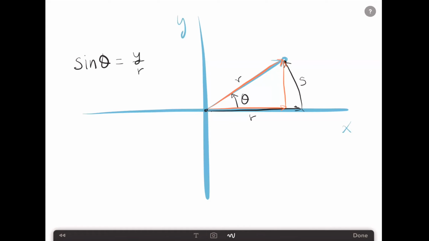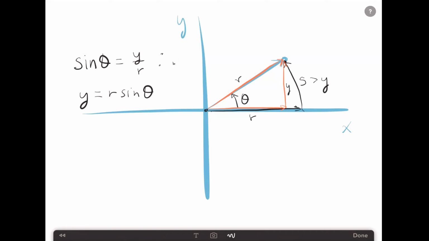Therefore we can write that Y is equal to R sine theta, okay? Now we want to relate Y to S. Right now, S is greater than Y, if this is Y, okay?